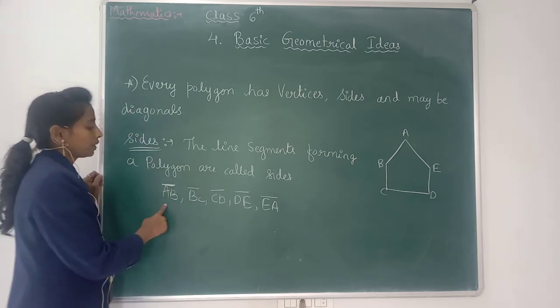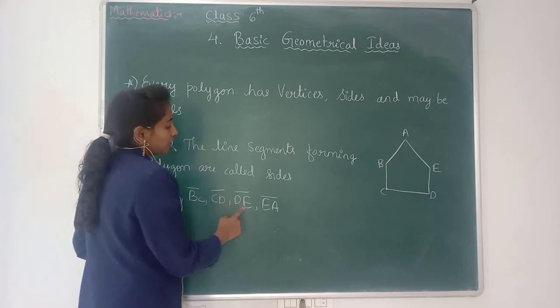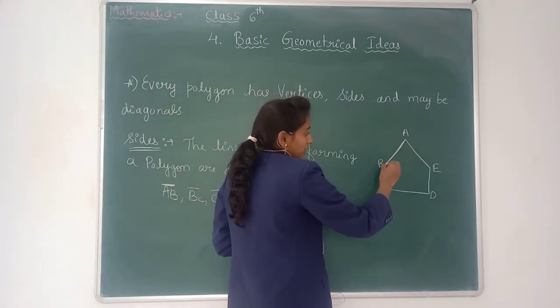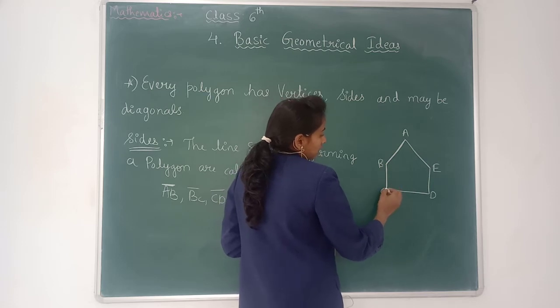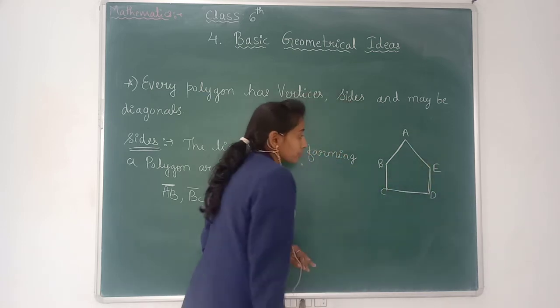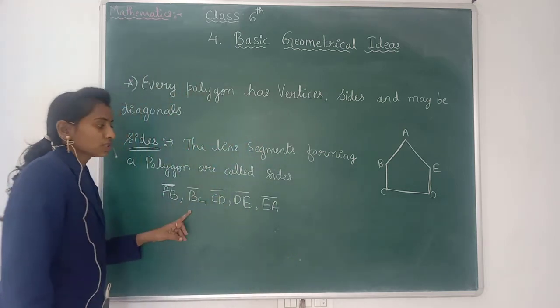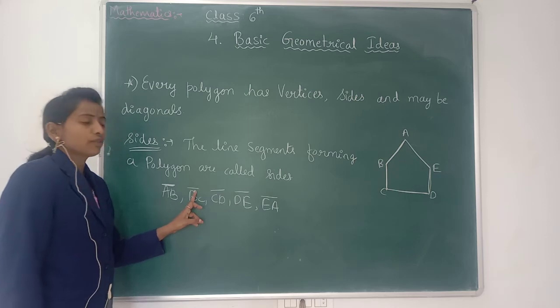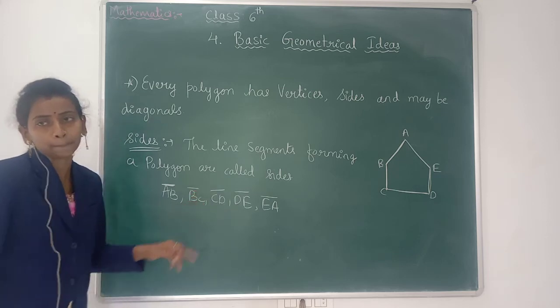So AB, BC, CD, DE, EA. Here see, this is one side, BC is another, CD is another, DE is another and AE. We have here 5 sides. To indicate a side, on the head of the side we use this straight line.